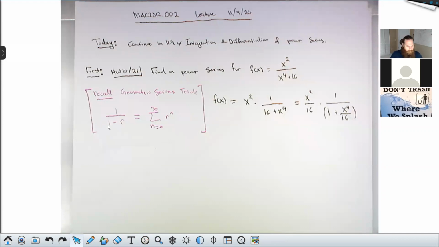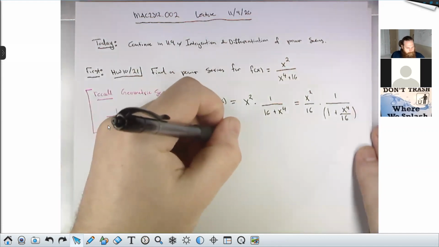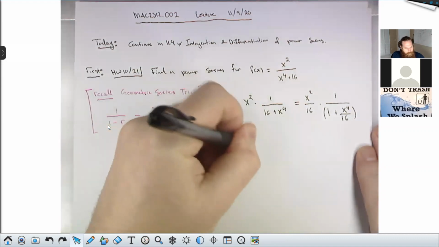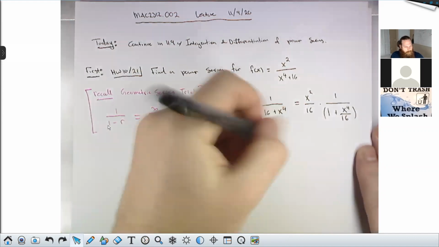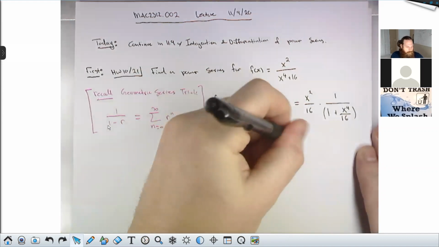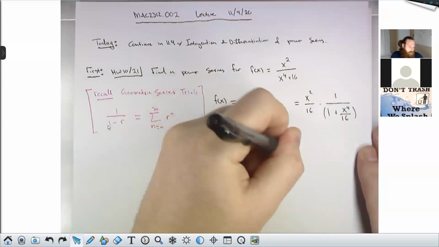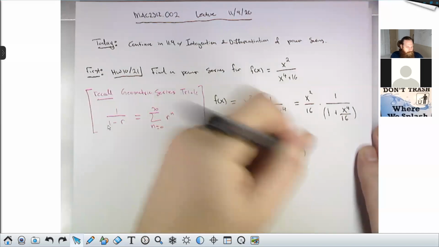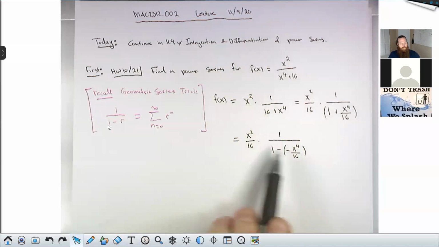Now we're almost there. I have my x squared over 16 up front, and this piece I can write as 1 divided by 1 minus negative x to the 4 over 16. And here is your 1 over 1 minus r.